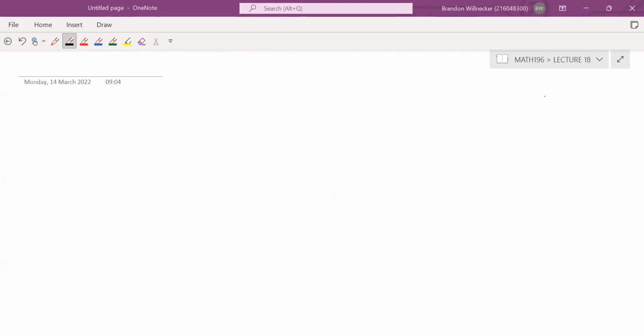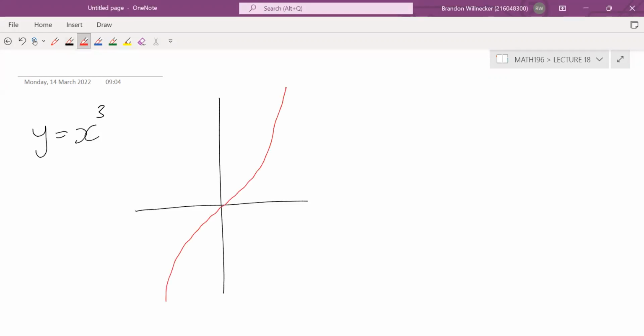So now we're going to be looking at y is equal to x cubed. Similar shape, but a different function. So let's just do this in red. We've got y equals x cubed. It looks something like that. But we only want to consider the piece from 0 to 1, let's say.